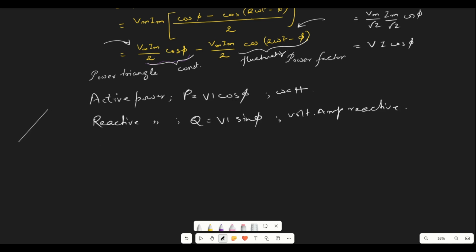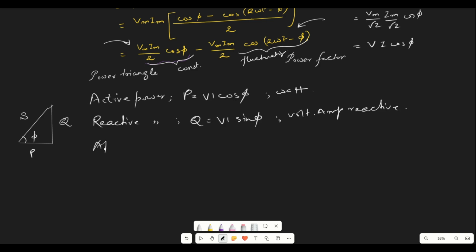So if we draw the power triangle, similarly to the voltage triangle and impedance triangle, then we have the resistive component as active power, we have the inductive component as the reactive power, and the resultant is called the apparent power.